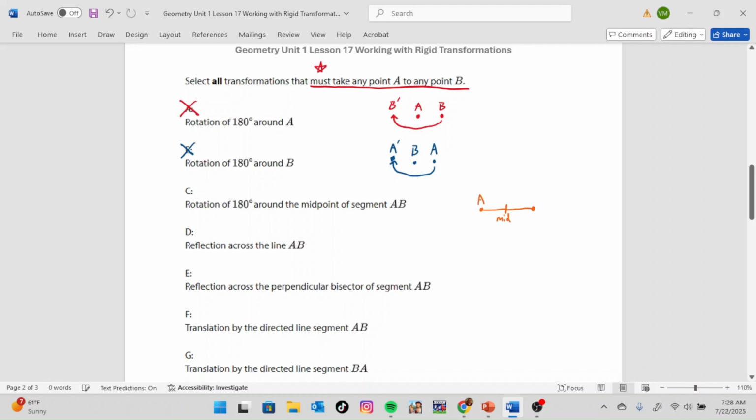So if this is A and this is B, and if I rotate 180 degrees around, then A is going to go to B. So therefore, C is correct.